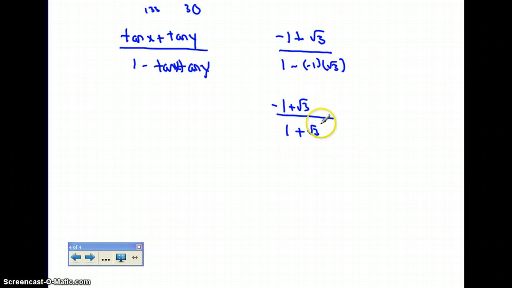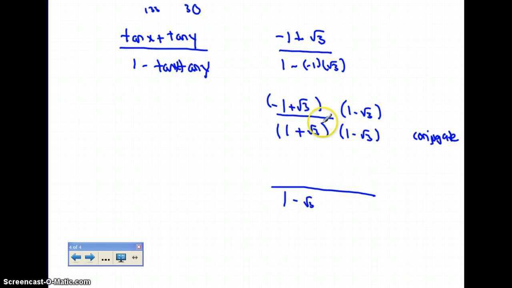And how do I get rid of this radical out of my denominator? I multiply this by its conjugate, which is 1 minus square root of 3. So this is the conjugate. Okay? So I have a 1 minus 3 on the denominator, and in the numerator, negative 1 plus square root of 3 plus square root of 3 minus 3.